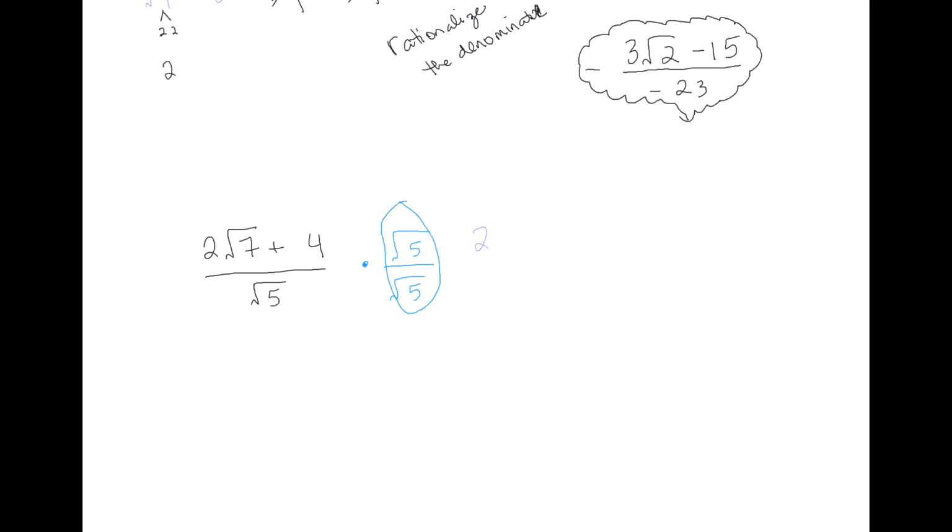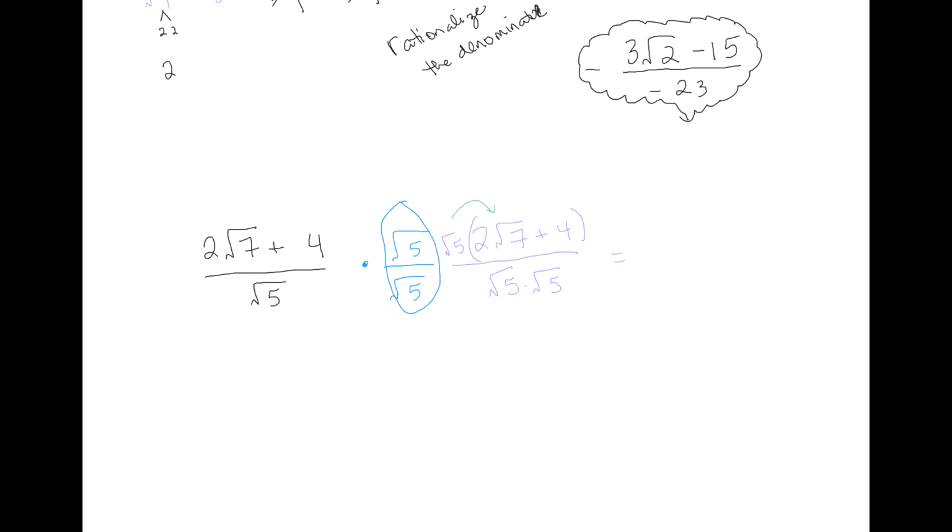So I have 2 root 7 plus 4 times square root of 5. And on the bottom, I have square root of 5 times square root of 5. Outside times outside, inside times inside.